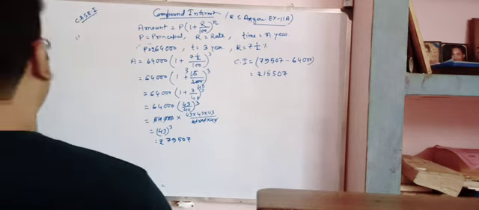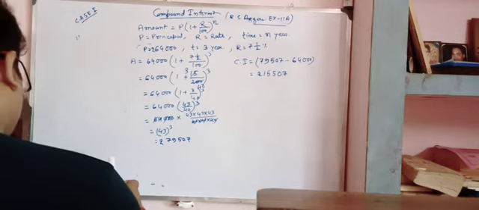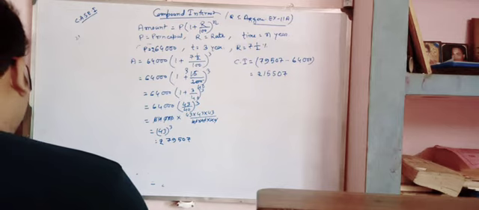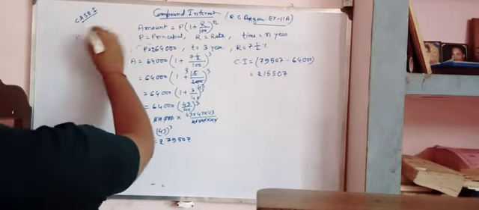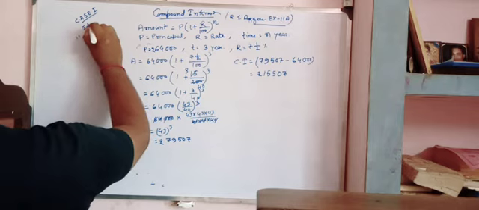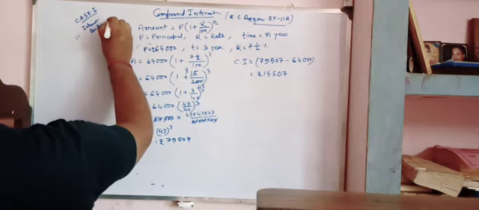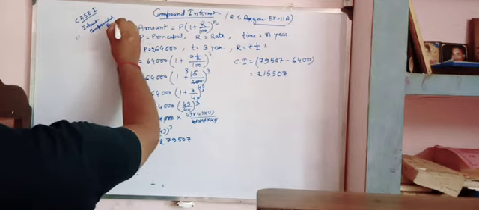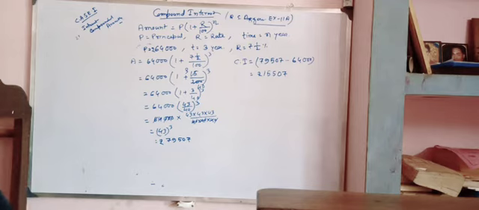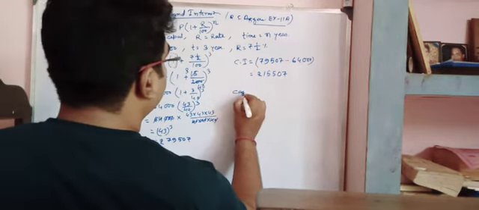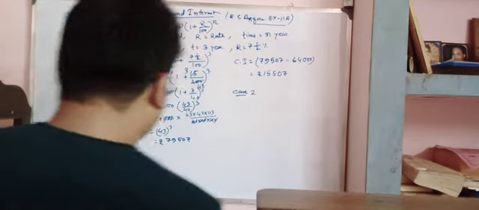This is for case 1, when interest is compounded annually. Then we can find the formula like that. Next come to case 2.